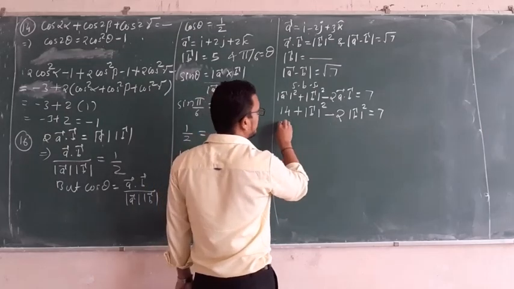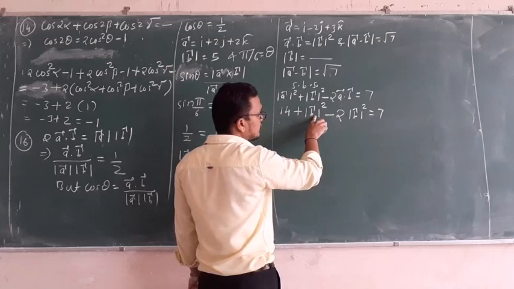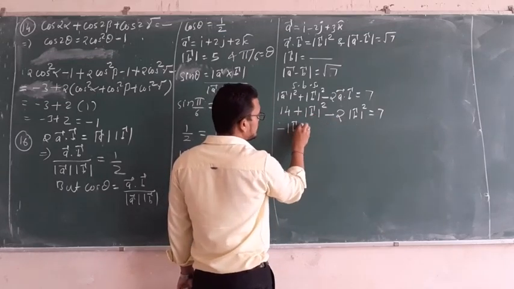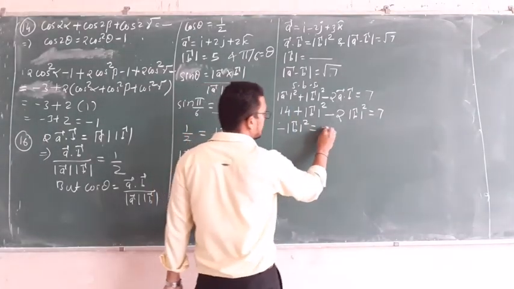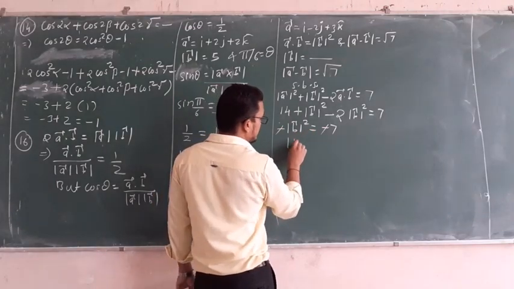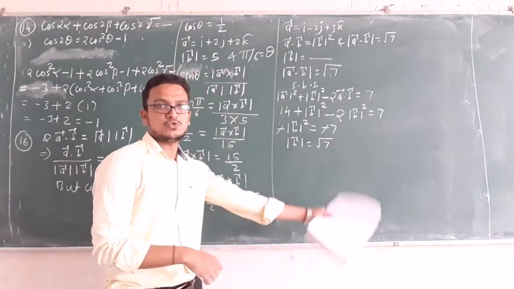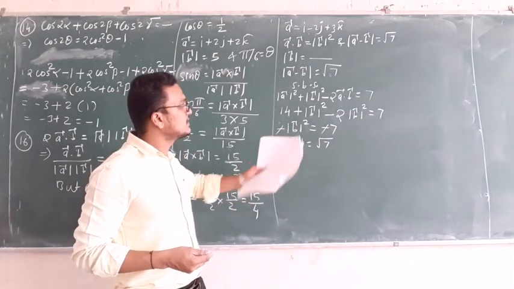Now 14, transferred to that side, becomes minus. So 1 magnitude of B square minus 2 magnitude of B square is minus 1 magnitude of B square, equal to 7 minus 14, that is minus 7. So minus minus get cancelled. So magnitude of B is equal to root 7. So I think option C will be correct.